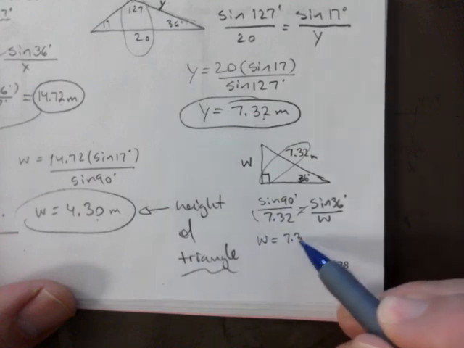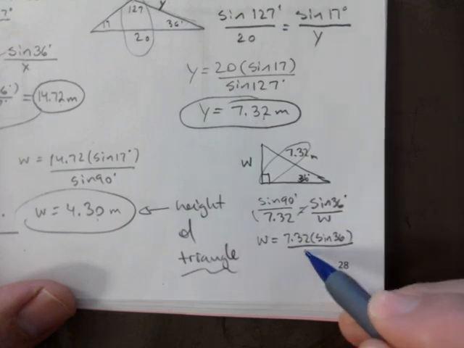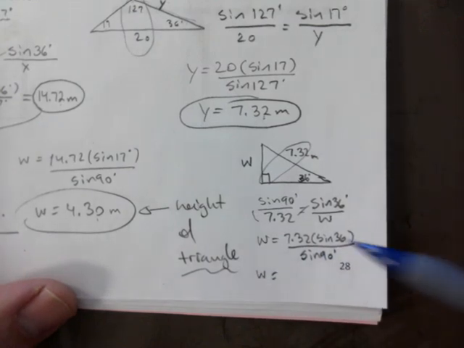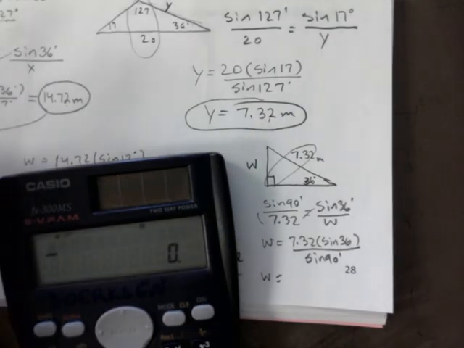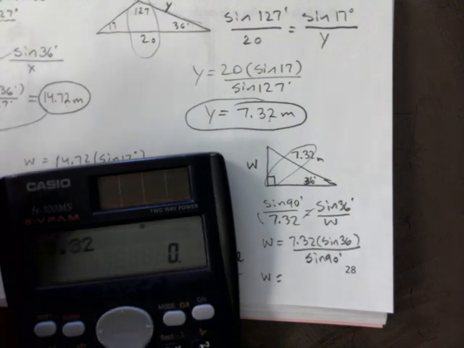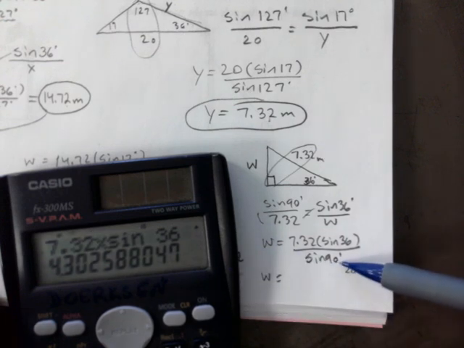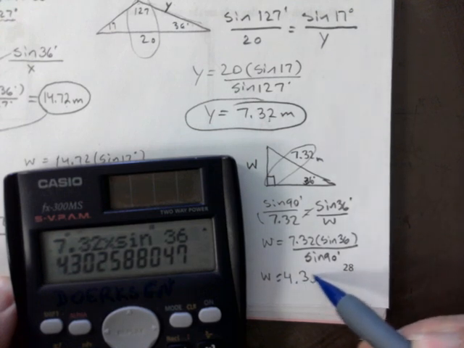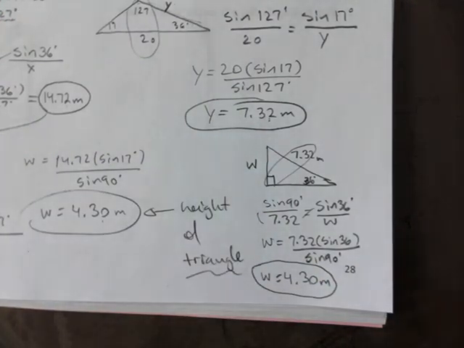So that's 7.32 times sine of 36 divided by sine of 90, which we know is just 1. We're expecting it to be 4.3, right? It wouldn't make sense if we get a different answer. So we just multiply, and I'm not going to divide by sine of 90 because I know it's 1. And there it is. It's 4.30 meters, regardless of which triangle we sliced off of the big one. Okay?